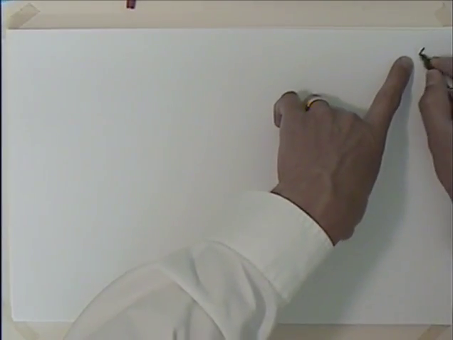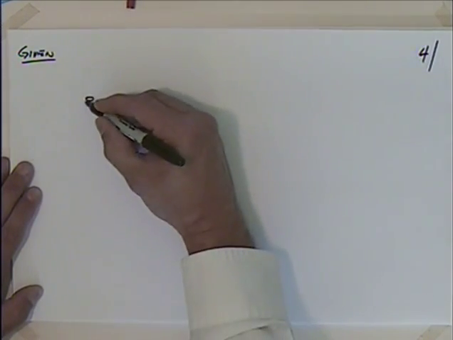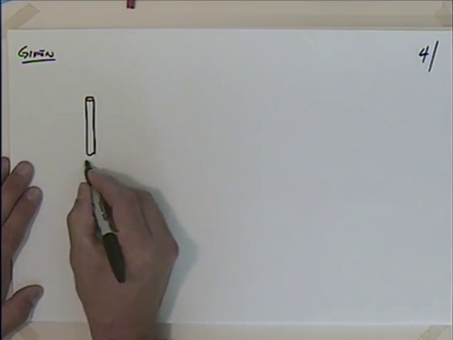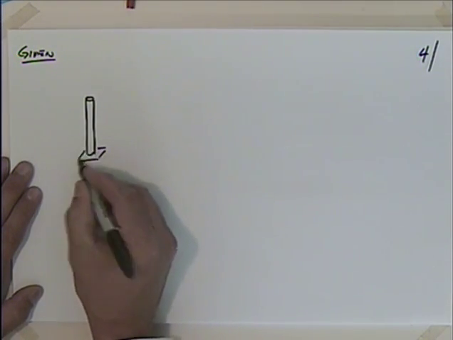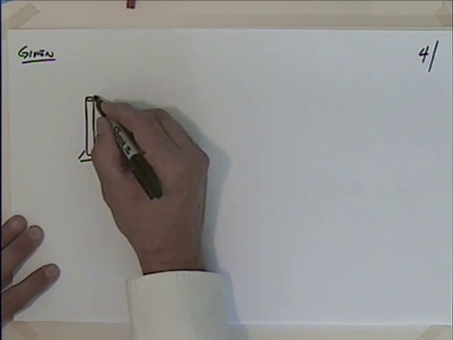Here we've got a couple more examples today. We'll see how this goes. So page number 4, let's say that we are given something like this. We've got some sort of a post or a column, and we've got a force that's applied to this.